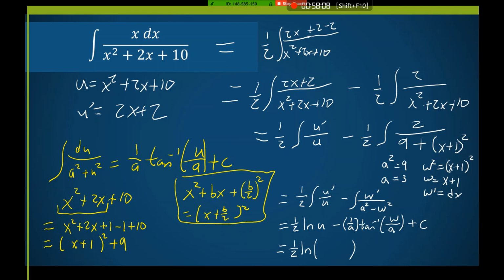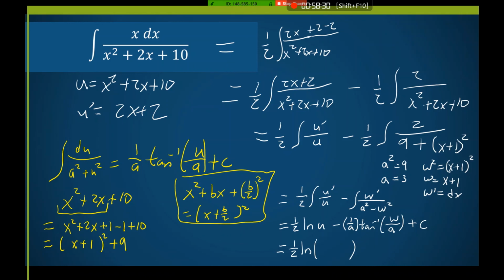I've got 1/2 natural log of u. What is u? Is the u w or the u is the u? So the reason why we pulled the w is because I didn't want to confuse it with the u.